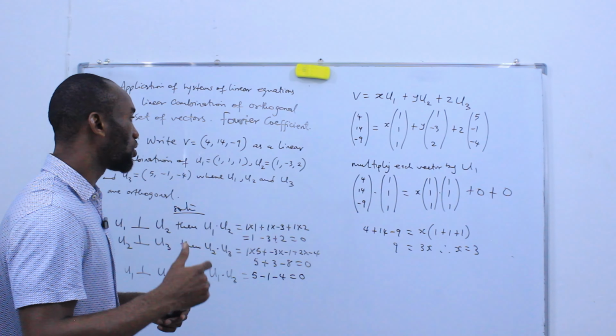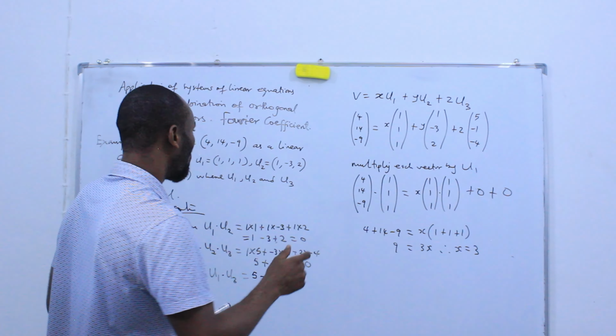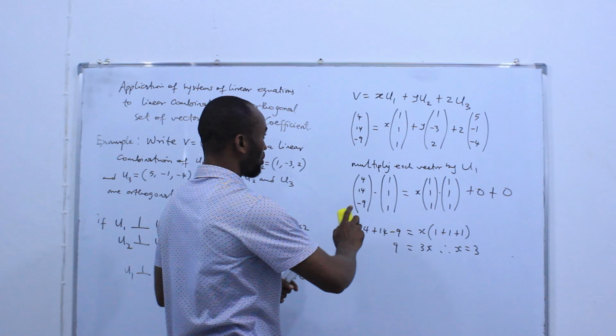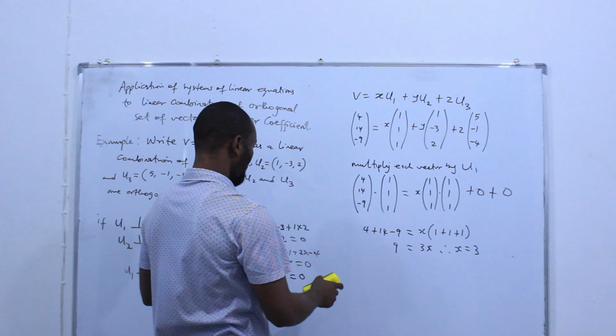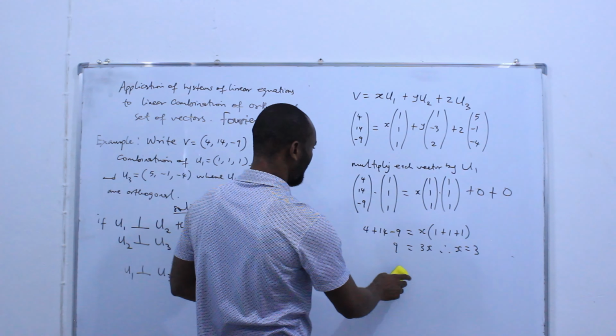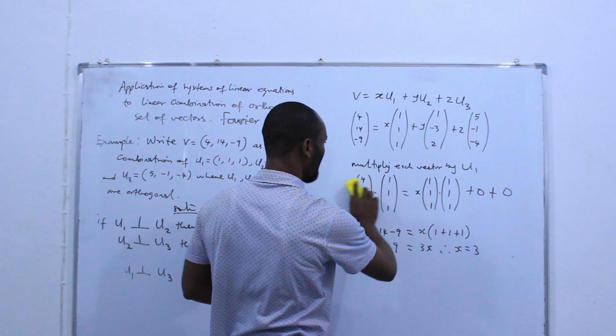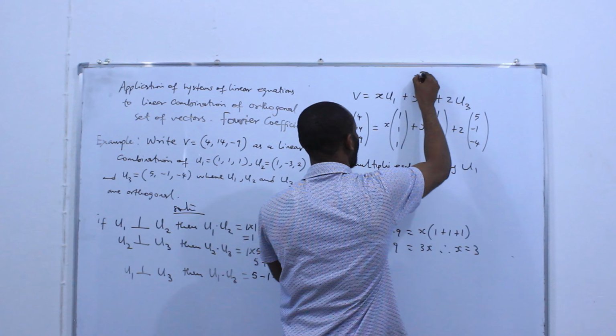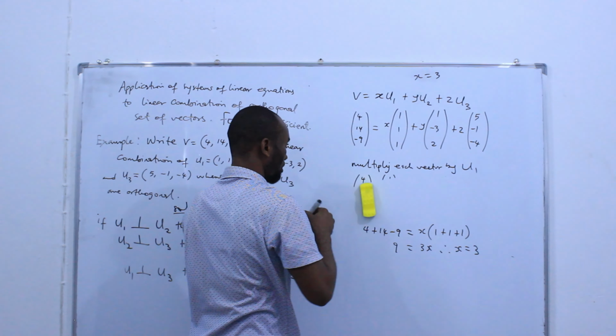Now, if we want to find our y, I'm going to clean up this place because here is not really going to enter again. We have gotten our x as 3.